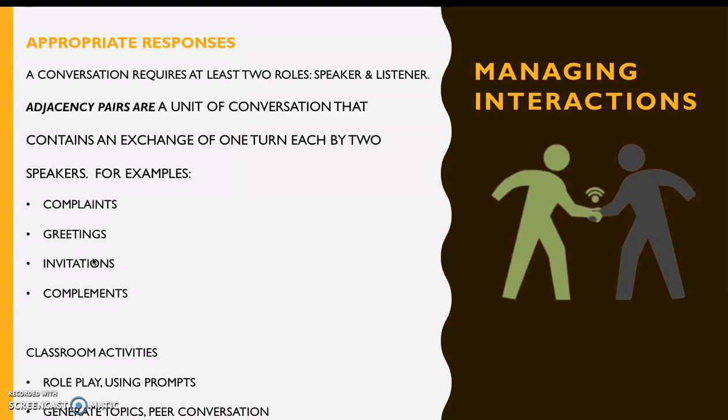If I say, "Nice dress," you have to respond by saying, "Thanks, I got it at Macy's." So that's a compliment. Think about examples like complaints, greetings, invitations. Those are all examples of situations where students need to be able to learn appropriate responses. Some of the classroom activities, once again, I use are role play using prompts or generating topics through peer conversation.